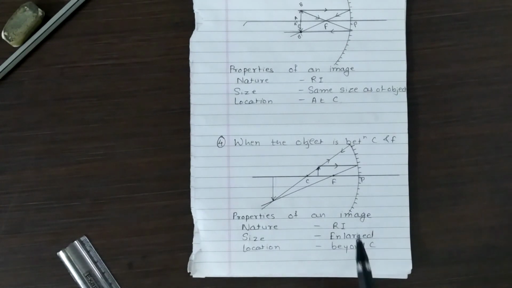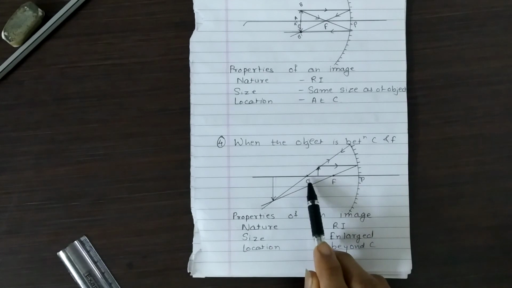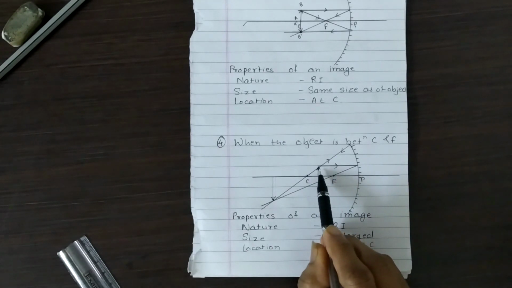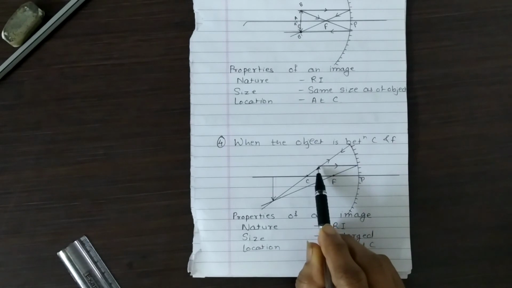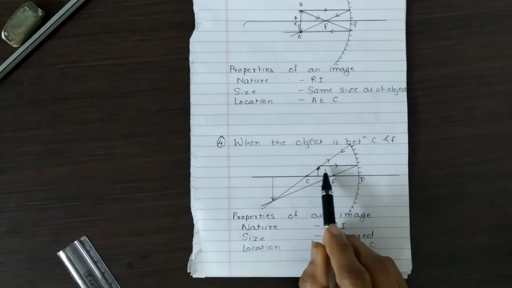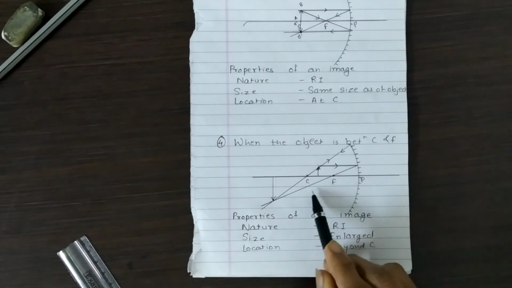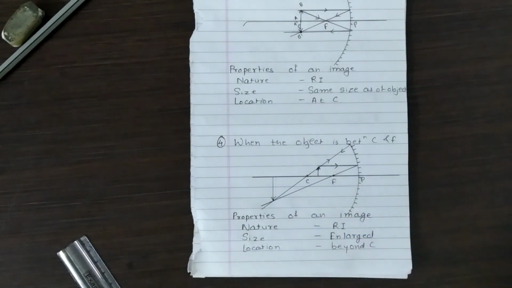Now in this case, the object is placed in between C and F. So the first ray will pass in such a way that it will be parallel to the principal axis. Now we know that whenever a ray is parallel to the principal axis, after reflection it will pass through the focus.